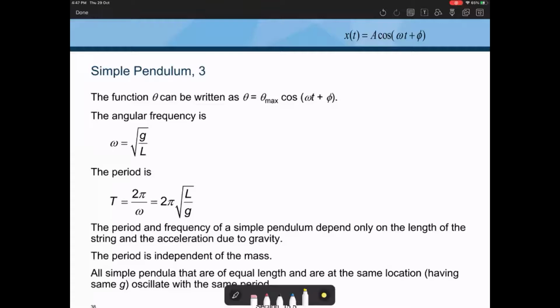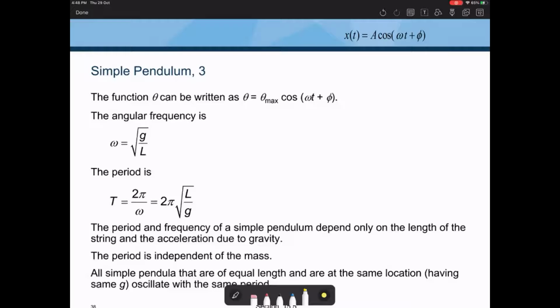The angular frequency, however, is determined by omega. Omega is equal to the square root of g over L. So the period, 2 pi over omega, is equal to 2 pi times the square root of L over g. Now, what is special about this equation?